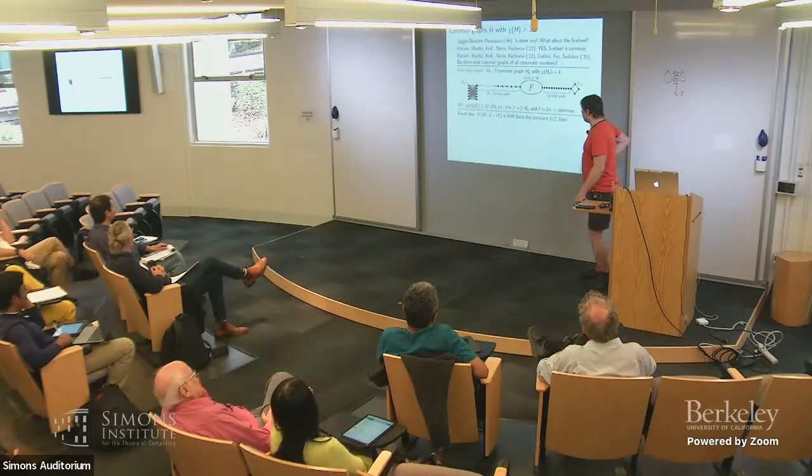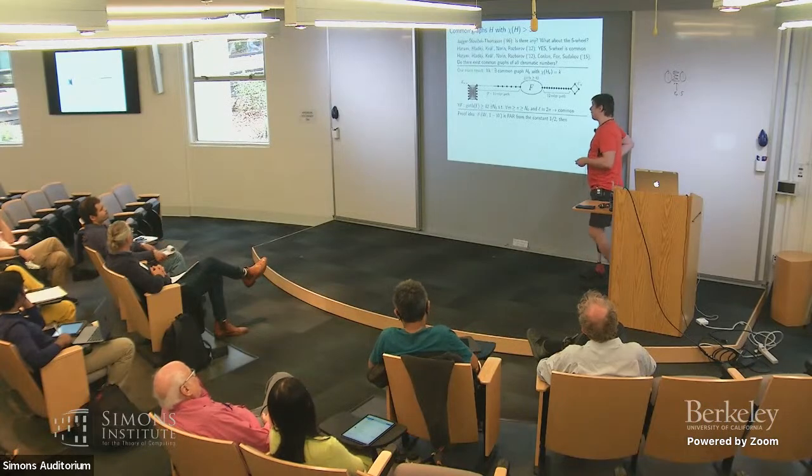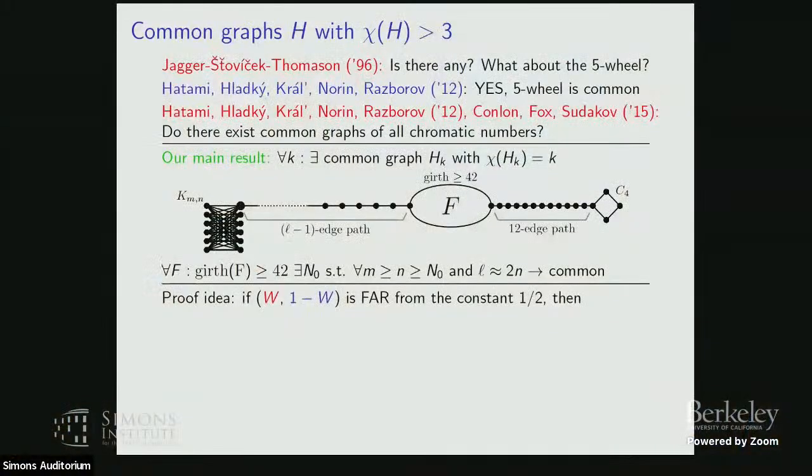So what is the proof idea? We essentially distinguish two cases in the proof. In the first case, we consider that this W, and then also the complement 1 minus W, are far from the constant graphon on one.